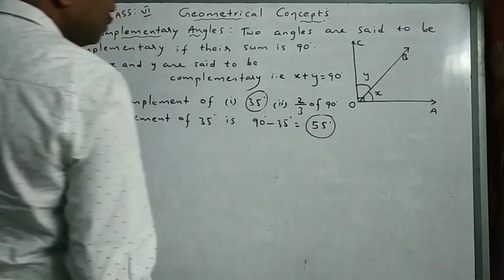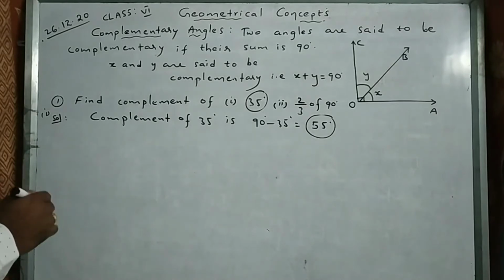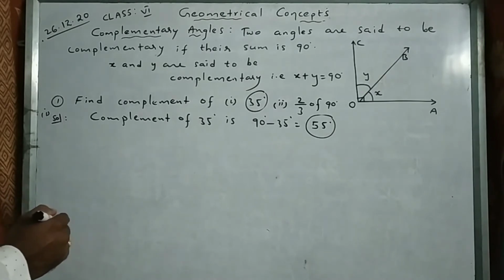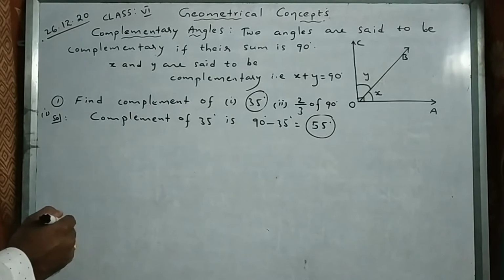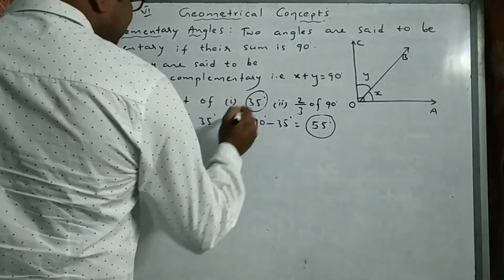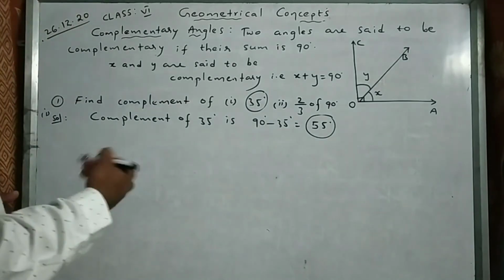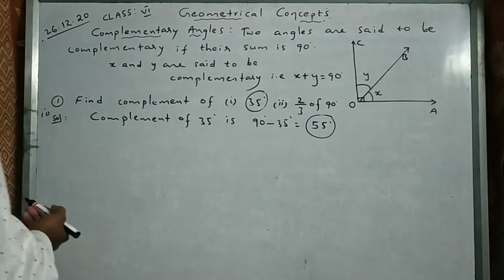So they are said to be complementary angles. As I told you in the definition, two angles are said to be complementary if their sum is 90 degrees. X and Y are said to be complementary if x plus y equals 90. For finding the complement of 35 degrees, subtract 35 degrees from 90. So we will get 55.